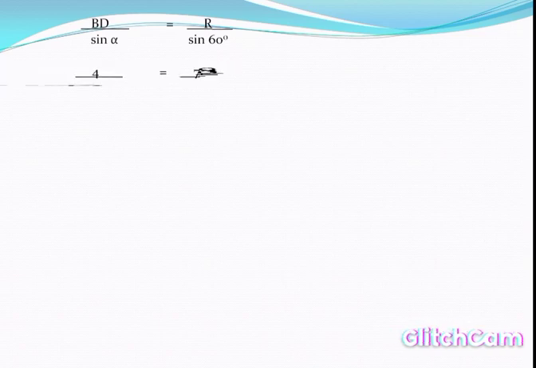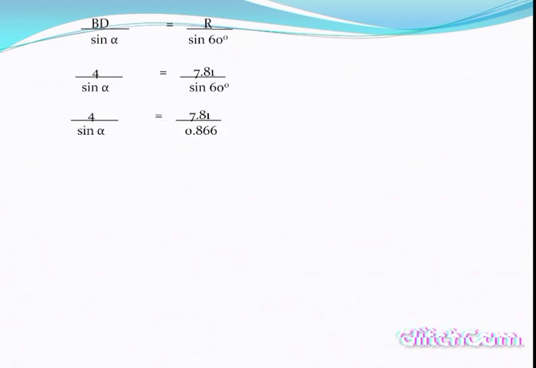So that will give us 4 over sine alpha equals 7.81 over sine 60 degrees. 7.81 is the magnitude of the resultant. Sine 60 degrees is 0.866.